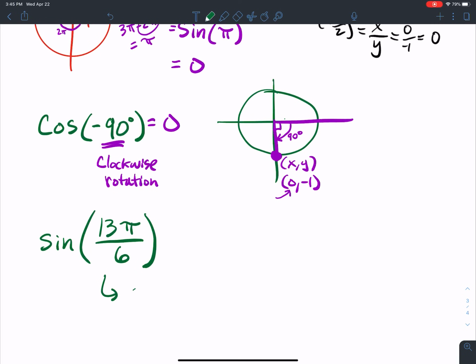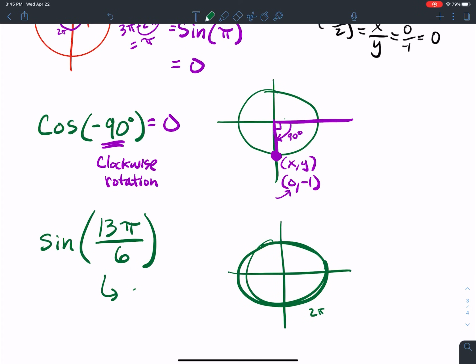Well, the circumference of a unit circle is 2 pi. We talked about that. It's all the way around is 2 pi. So I could look and say, how does this differ from 2 pi?